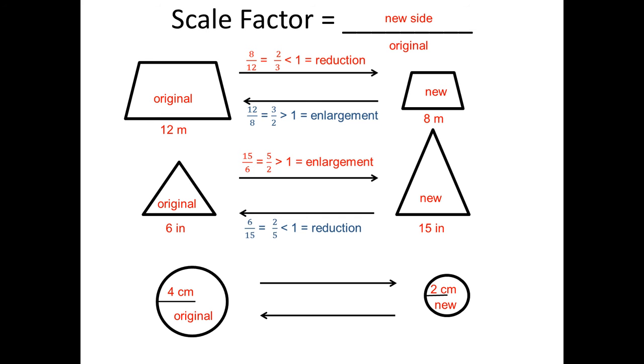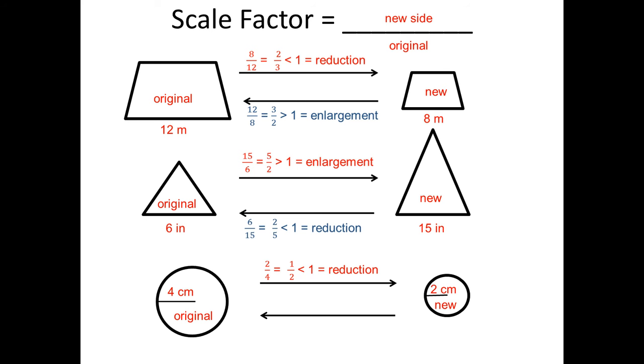So again, let's just compare our scale factors. When I went in the enlargement from left to right, the scale factor was 5 over 2. But when I reversed the direction and went from the new to the original, my scale factor was 2 over 5. Can you see a similarity yet? We're going to do one more.